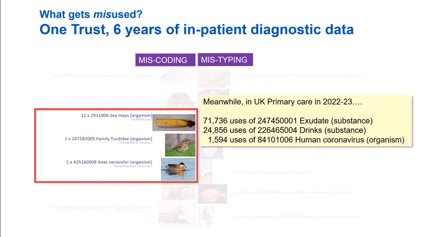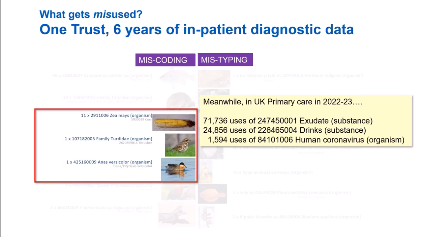That's in secondary care. You might wonder, how is it that the system is allowing them to put codes which are obviously for organisms into a slot which is expecting a diagnosis? So the clinical systems could do better, but at the moment there are no levers to pull to persuade them to do better. But even in primary care, where the systems are considerably more constrained, there are miscoding patterns that you can see.